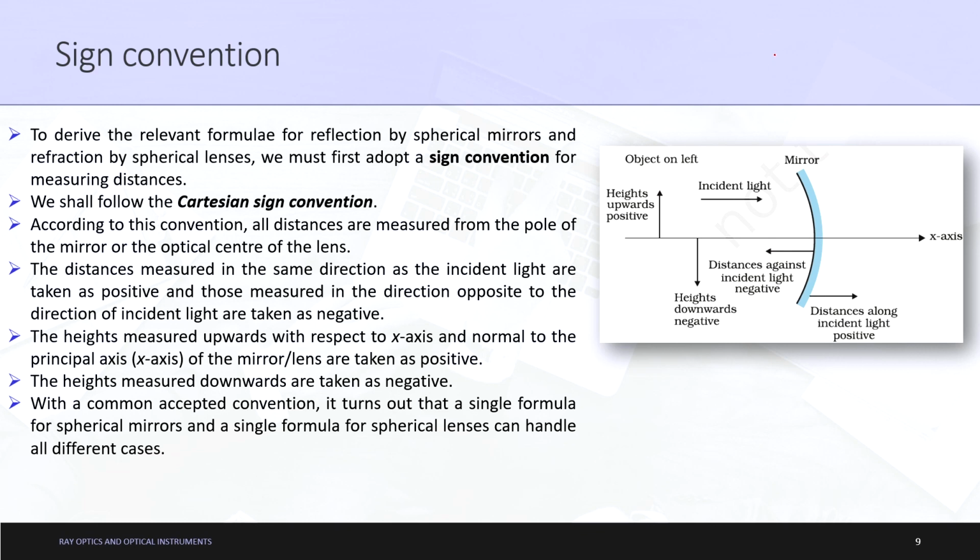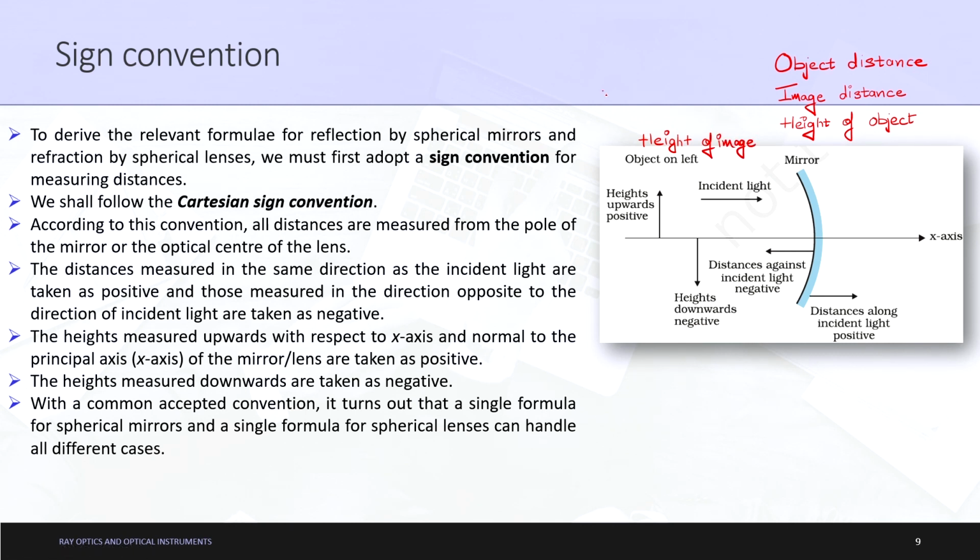There is something called object distance, there is something called image distance, there is something called height of object, and height of image.